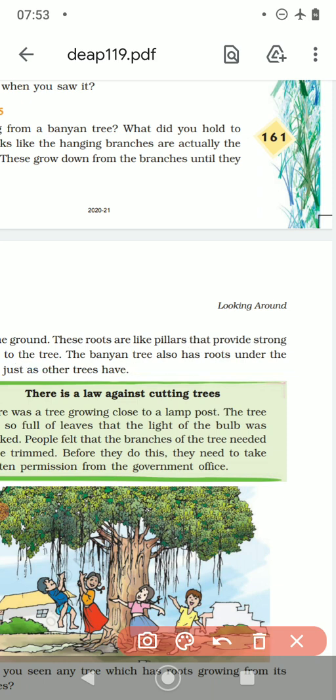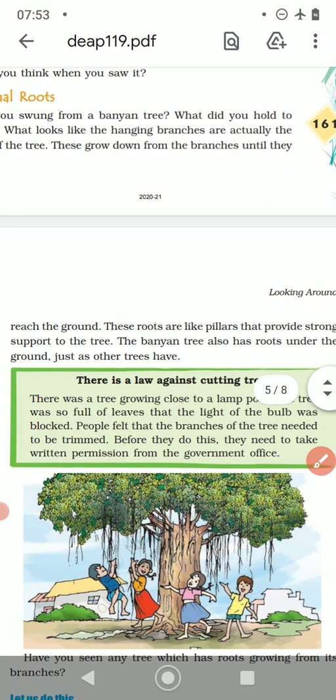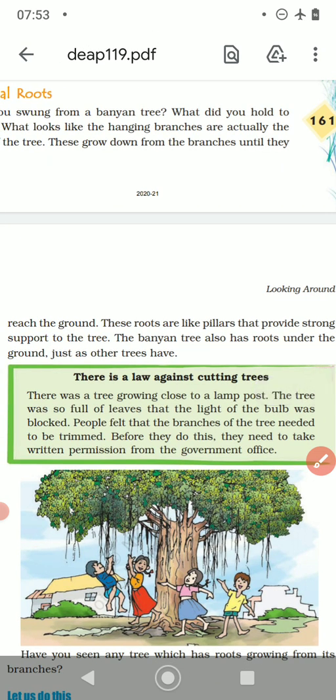The banyan tree also has roots under the ground, just as other trees have. This is very important. This question always comes, children: write about the roots of the banyan tree.